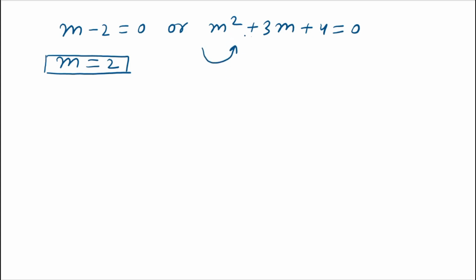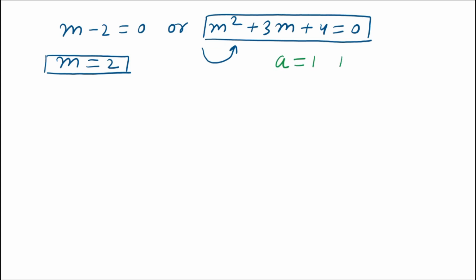We have a quadratic equation in terms of m, which is m square plus 3m plus 4 equal to 0. So first we will check the discriminant of this quadratic equation. Here the value of a is 1, b is 3 and c is 4.